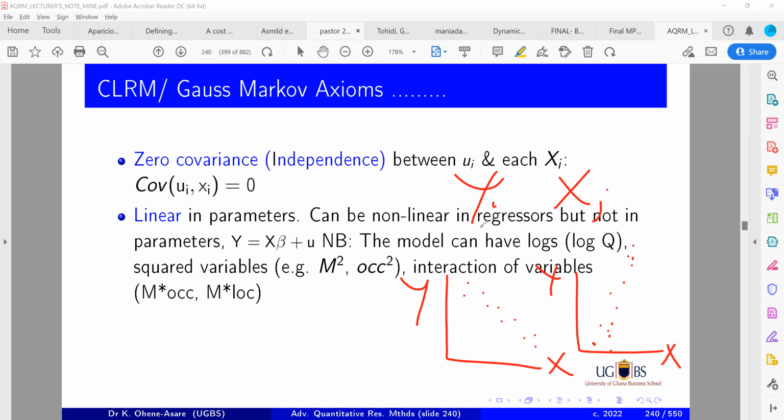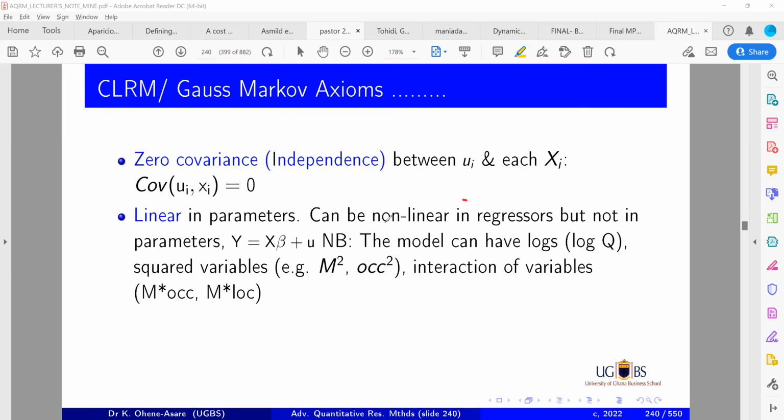Now, the moment you gravitate towards nonlinear relationships, the nonlinearity can only happen among the regressors, but not among the parameters. So the relationship between the individual regressors, that is the independent variables, can be nonlinear.